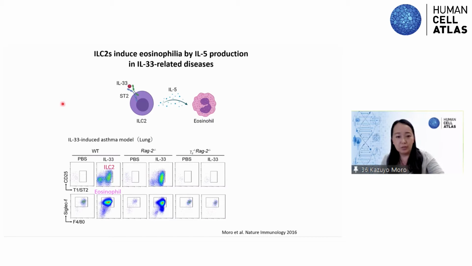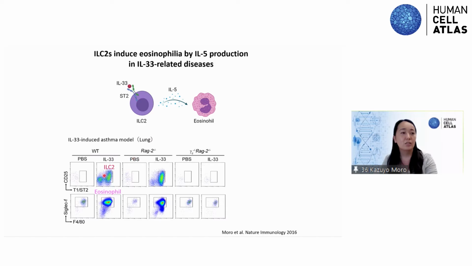So before moving to today's fibrosis story, I would like to show one piece of data. Whenever ILC2 get stimulated by IL-33, they immediately produce IL-5 and induce eosinophils. So this is a good model to show how ILC2 are important for eosinophil induction. This is lung data from an IL-33 induced asthma model.